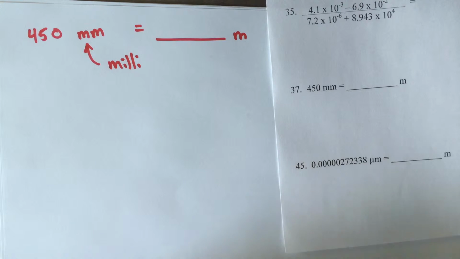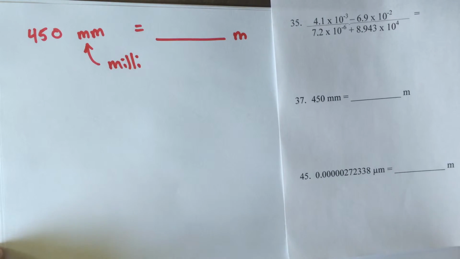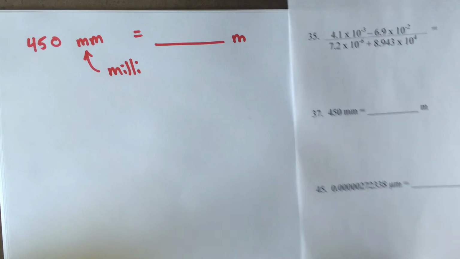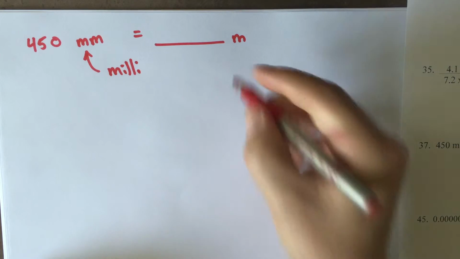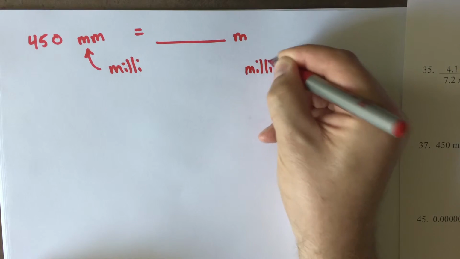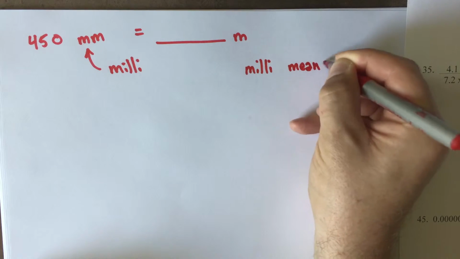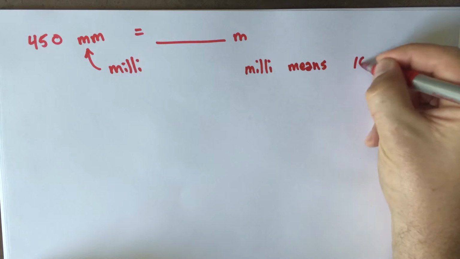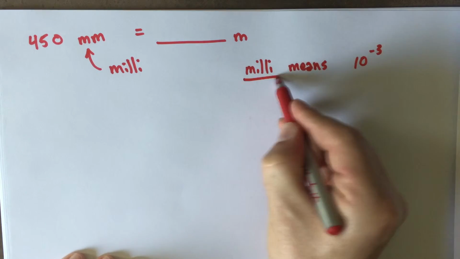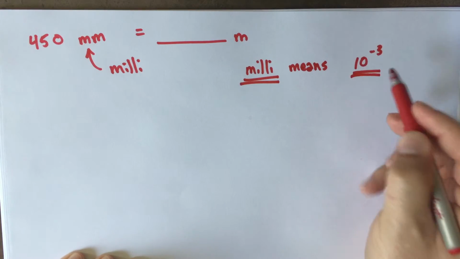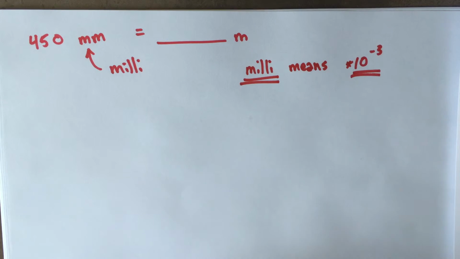Well, if I look, I believe it's page 2 of your physics data booklet, there's a table of SI prefixes, and you can look up that milli means 10 to the negative 3. That is to say that you can replace milli with times 10 to the negative 3, and it's the exact same thing.